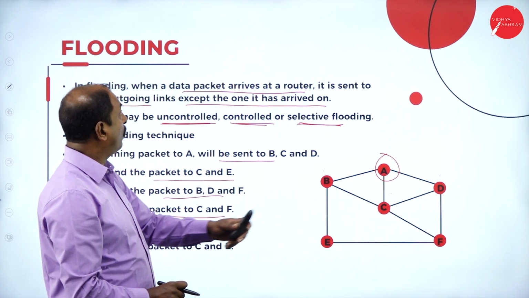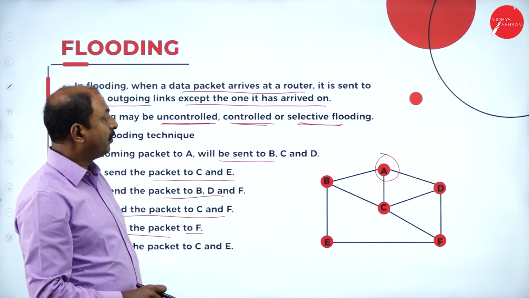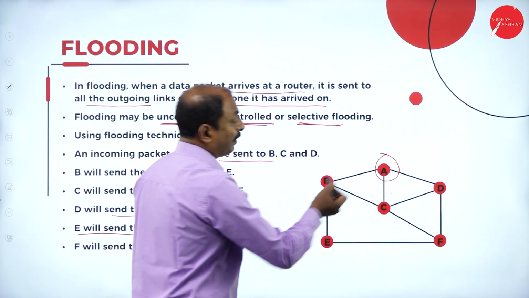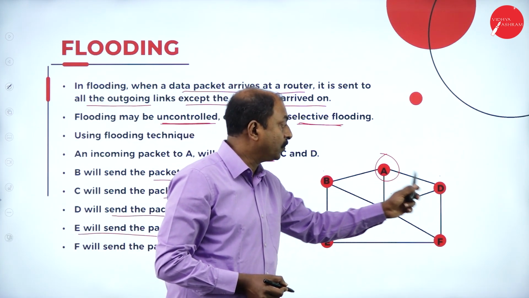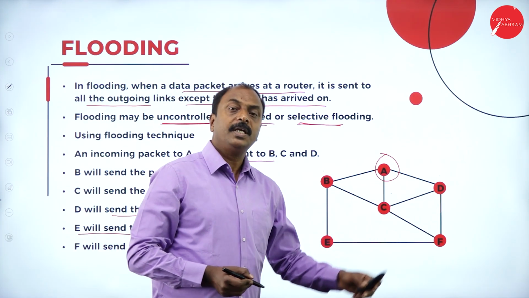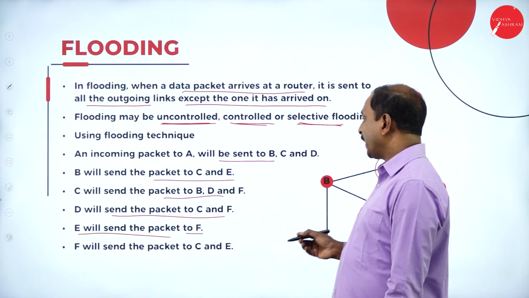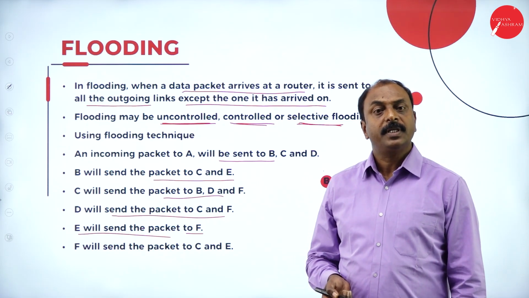That is the main drawback of flooding. The packets received by one node have to be transmitted to all other nodes in the network. There are chances of multiple packets in the network, and it leads to network congestion.